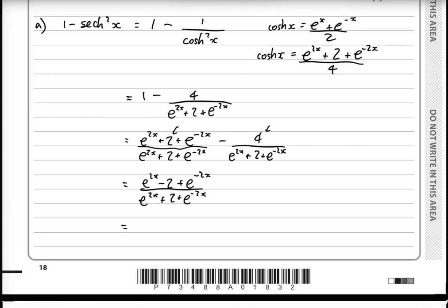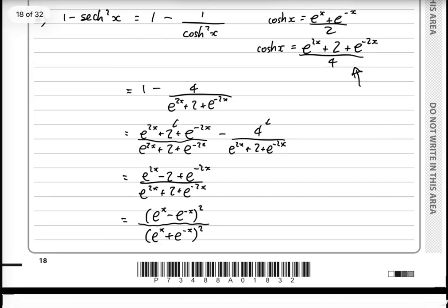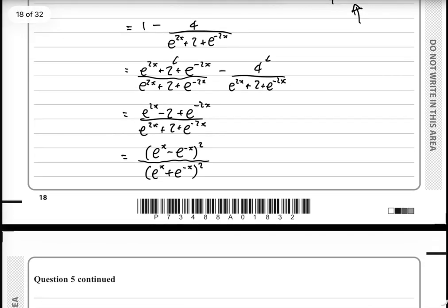We know from the work done up here that this thing in the denominator has come from e to the x plus e to the minus x squared. And the comparison shows that e to the x minus e to the minus x squared is the numerator. And then, of course, if you want to, you can think of these as over 2, because if it were, then those would cancel out, and that's the same thing.